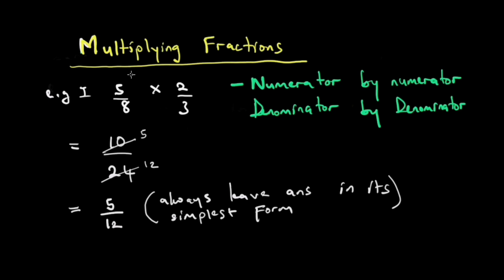But let us introduce method number 2. Numerator by numerator, denominator by denominator is the most literal way of multiplying fractions. What do we do if we want a kind of shortcut? We have 5 over 8 times 2 over 3.